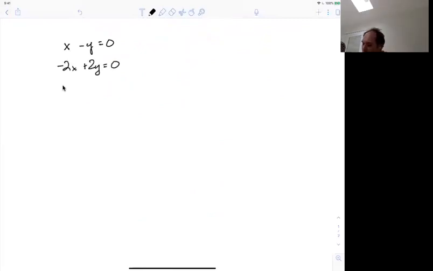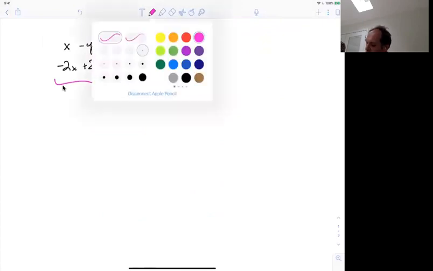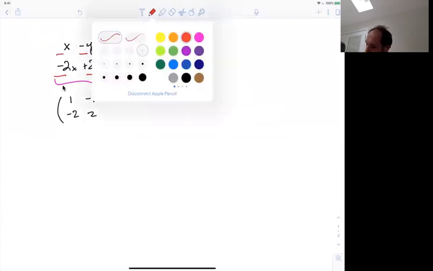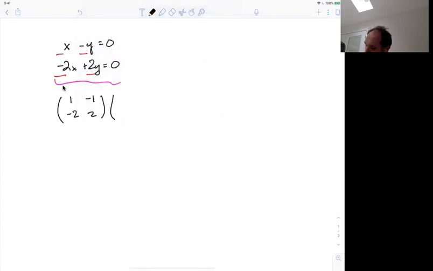One thing I want to emphasize again is when you look at a system of equations like this, we can translate this into a matrix equation. So this matrix equation says we can take this matrix, which is just the coefficients of the given entries, and multiply it by a vector xy, and this equals 0, 0.